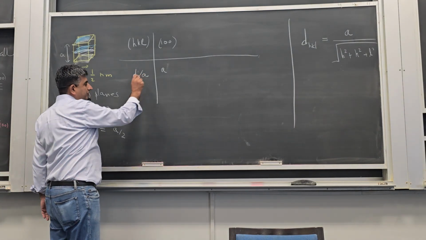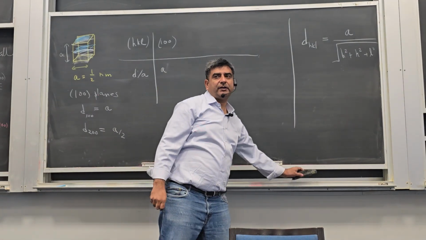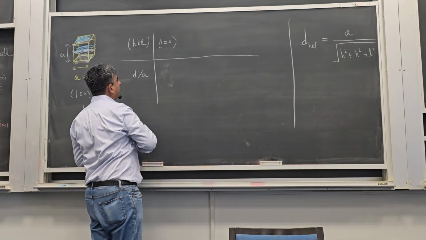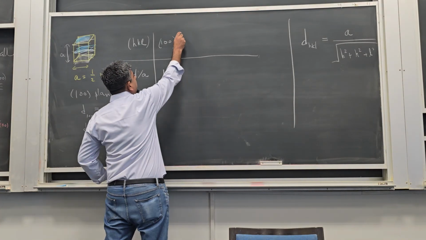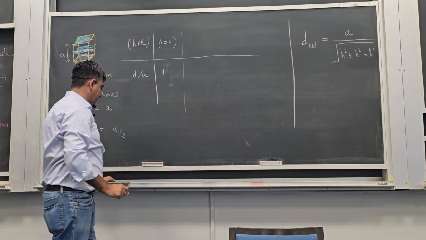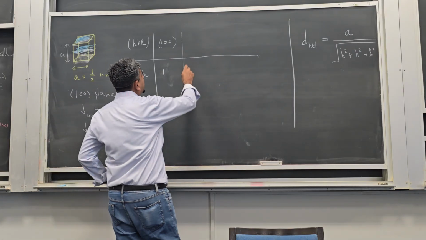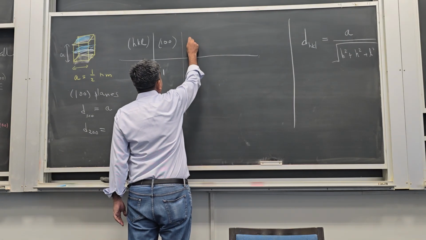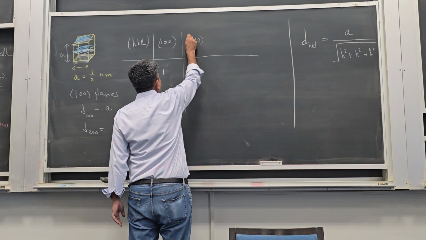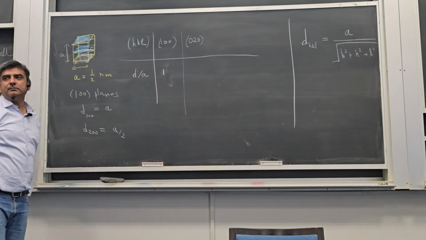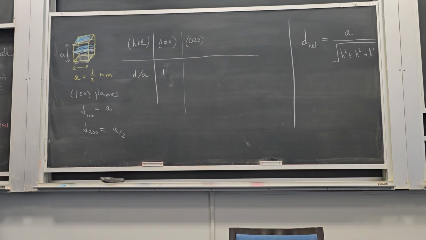So I'm just going to make a table for d over a. If I were to take, say, some other plane, 0, 2, 0, what will be d in this case? It's going to be a over 2, or half.